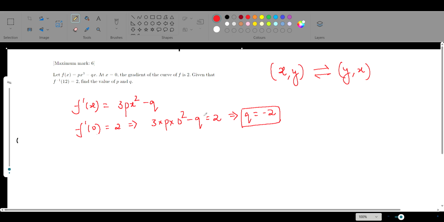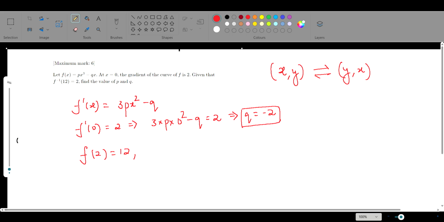Then minus 16 minus 2q is 12, so q is actually minus 14.